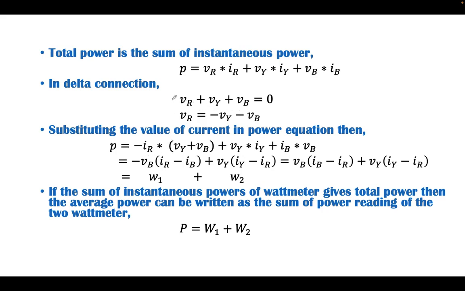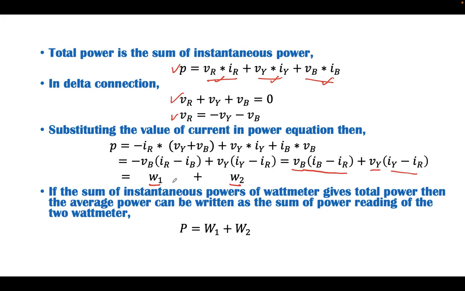In the case of delta connection, we know the sum of voltages is equal to 0. Rearranging this for VR and putting the value in the sum of instantaneous powers of the individual phases, that is the instantaneous power of phase R, phase Y, and phase B, and rearranging, we find two components responsible for the wattmeter readings: VB with the phasor sum of IB and IR, and VY with the phasor sum of IY and IR.